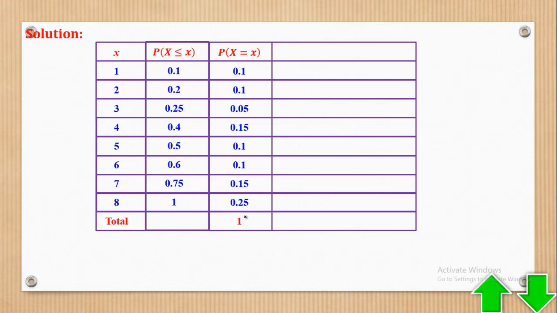Now in the question they also asked for the expected value. So we have to get the column of xpx.